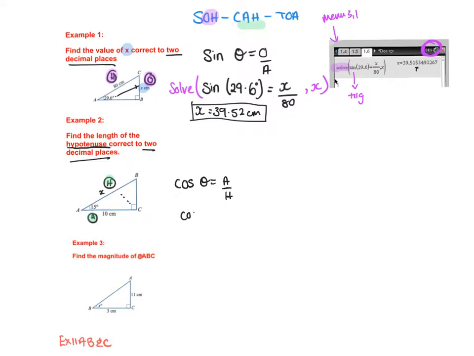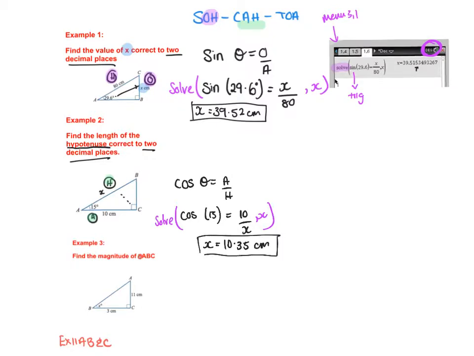Then I'll substitute everything in, which is 10 over x, and then I can use the solve function and type that all out on my calculator and get the answer, which I've done on the calculator, and I've got to 2 decimal places, I get x to equal 10.35 centimeters.